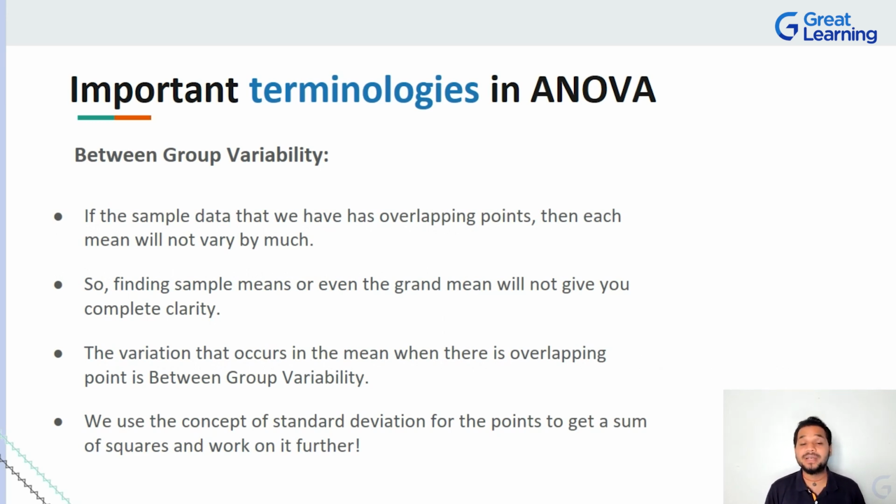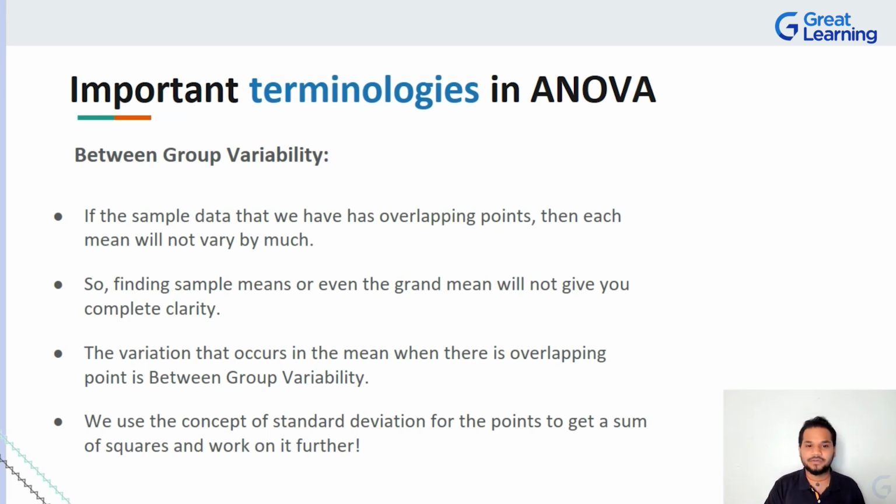Next, let's take a look at between group variability. Let's just say that we have certain sample data and we have multiple overlapping points, right? If you have certain sample data where the data elements are around one single point or around two or three different points, when you try to find an average, you will realize that the average of each of those points will not differ by much, because all of those are clustered into one simple group that will not let you have multiple means.